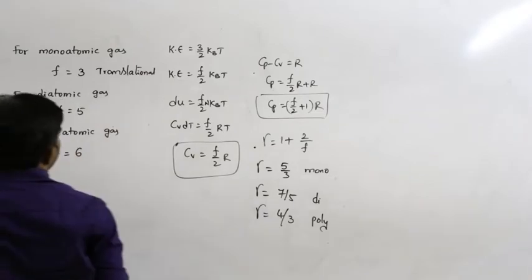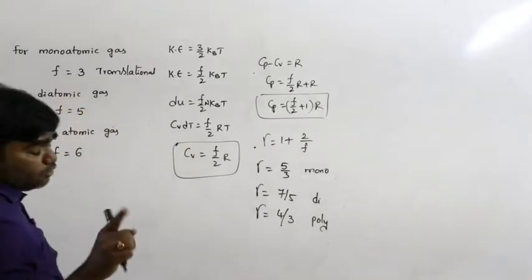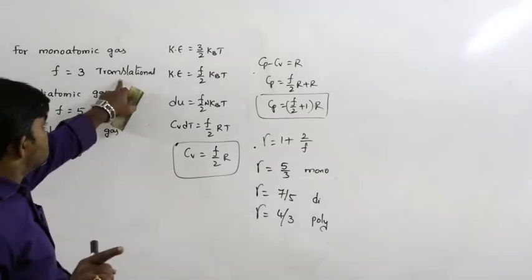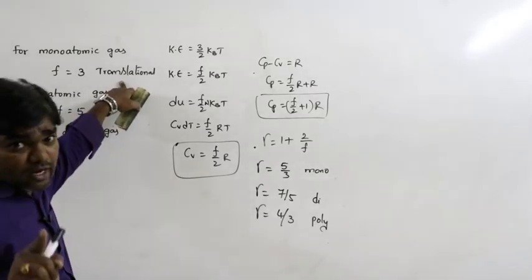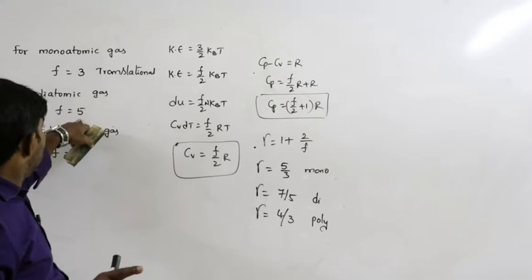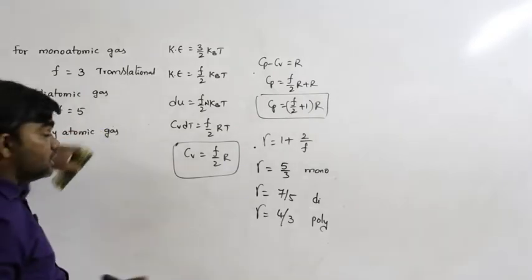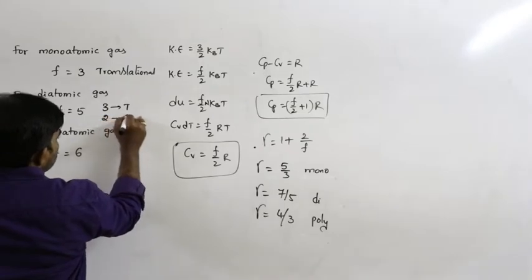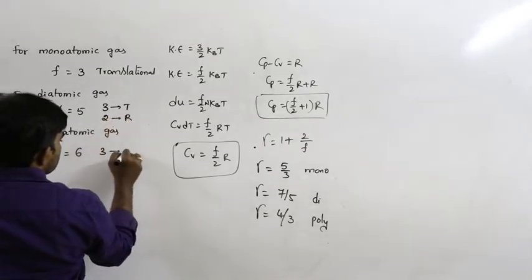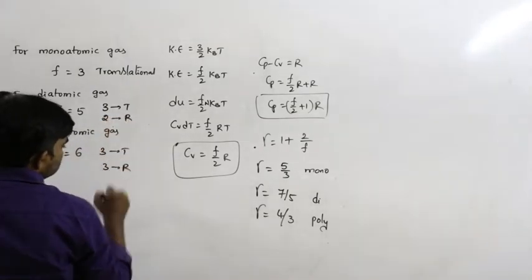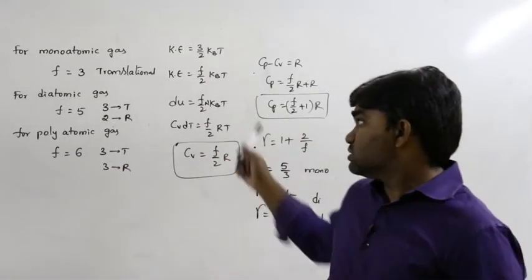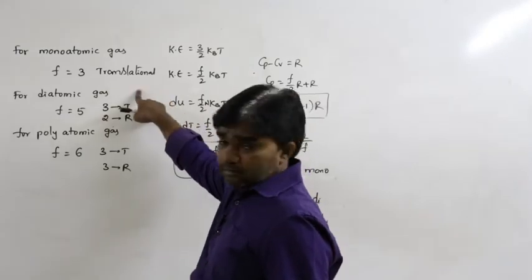That means one molecule moves with translatory motion only. For diatomic, 3 translational and 2 rotational. And for polyatomic, 3 translational and 3 rotational. So these are the degrees of freedom.